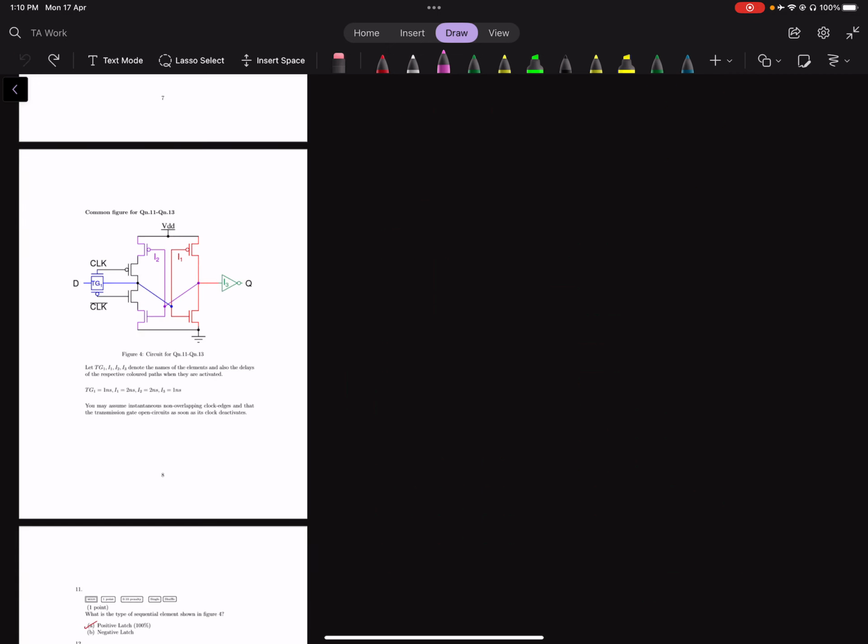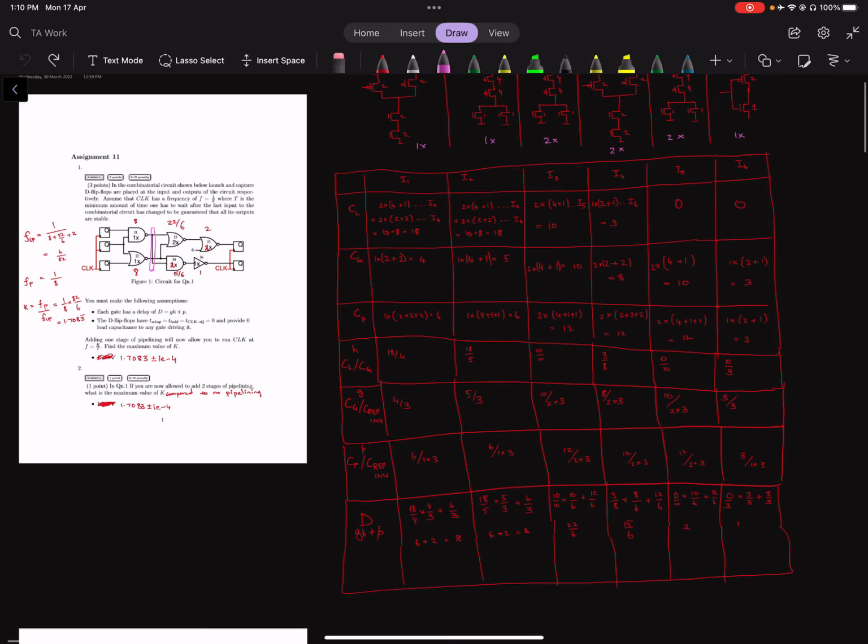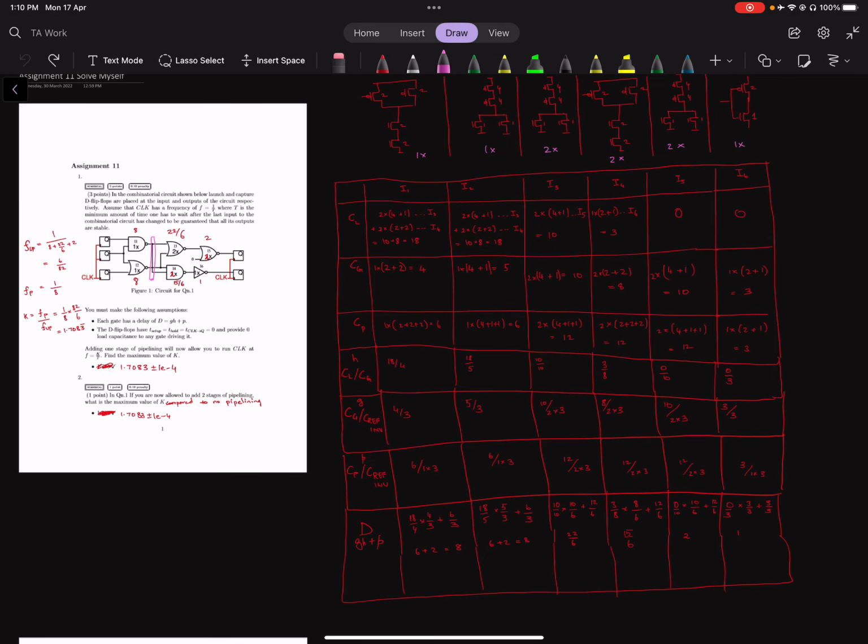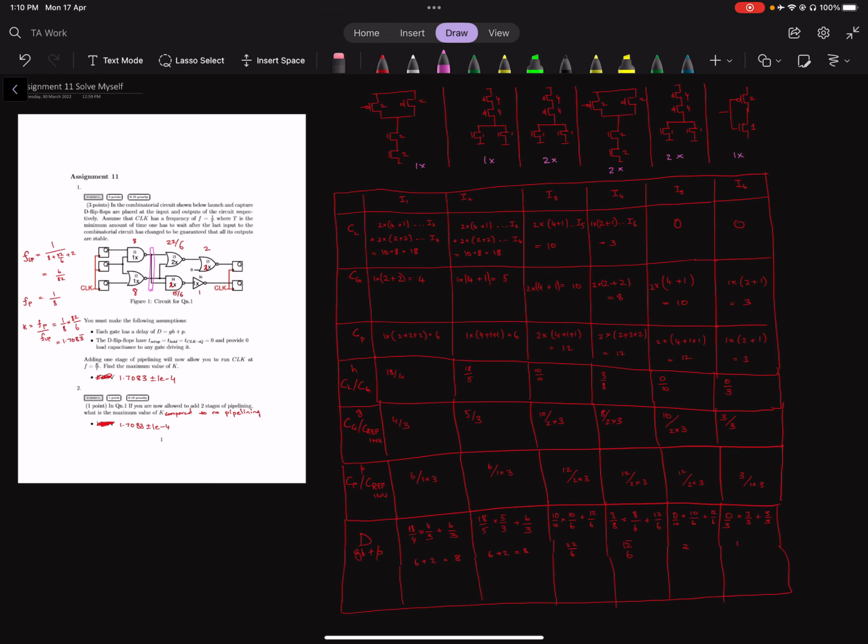Each column represents one gate in the circuit of figure 1. So I1 is this gate, labeled here as I1, and this one is labeled I2. Above each column I have drawn the diagram with the 1x sizes of each gate, and in pink I have given the actual size that has been given in the circuit diagram for that gate.